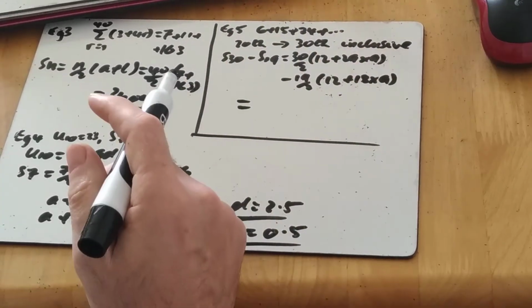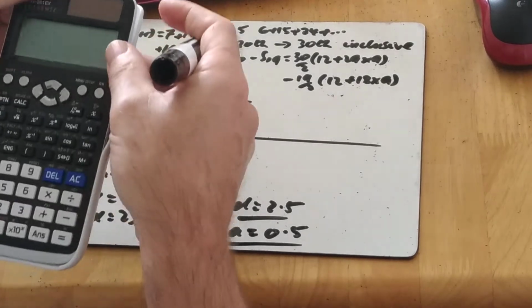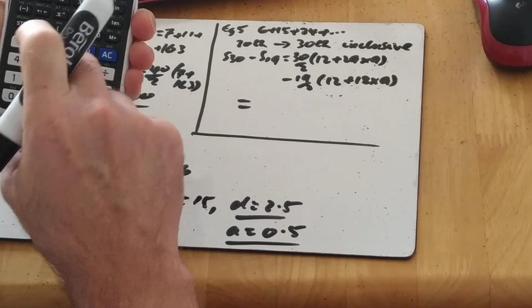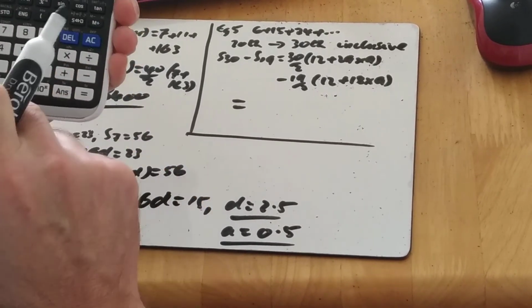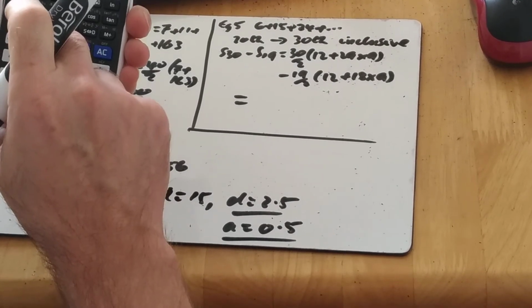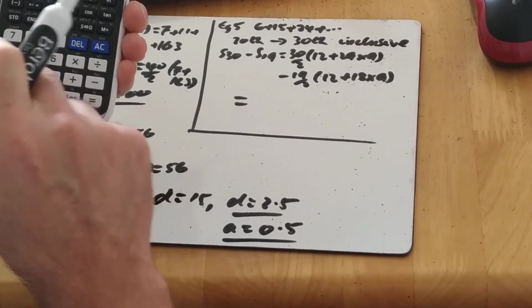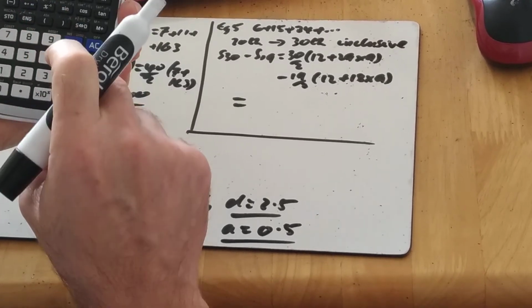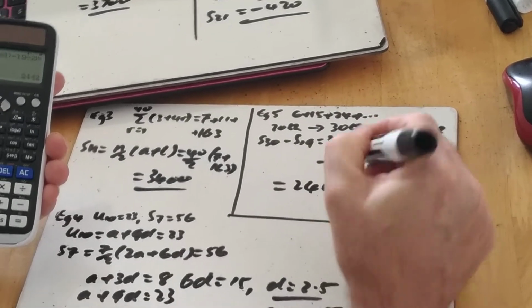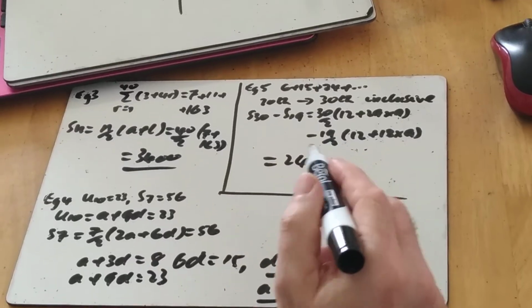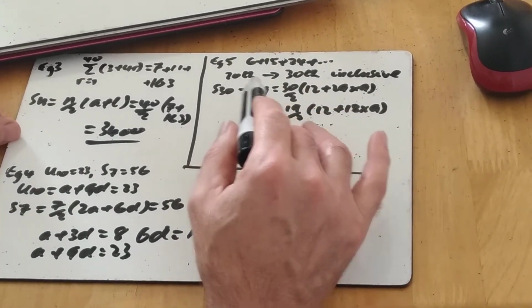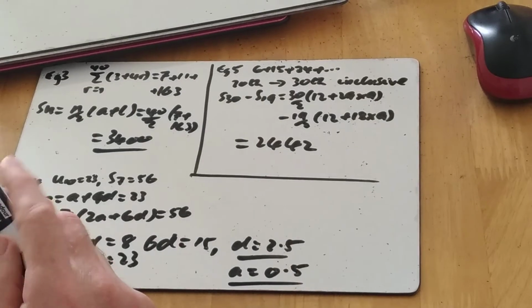And press the button to get my answer. 15 bracket 12 plus 29 times 9 close bracket, minus 19 divided by 2 times bracket 12 plus 18 times 9 close bracket equals 2442. Okay, so notice because it's inclusive, I have to be quite careful: it's not S30 minus S20, it's S30 minus S19. That's the only big thing there.